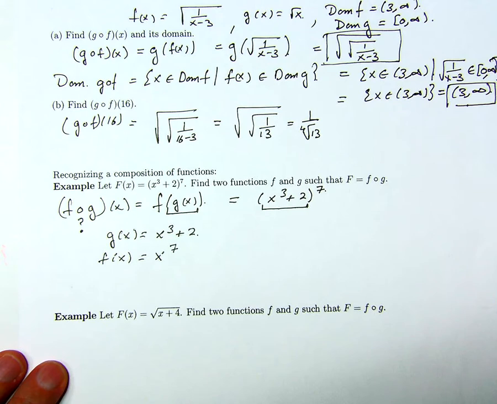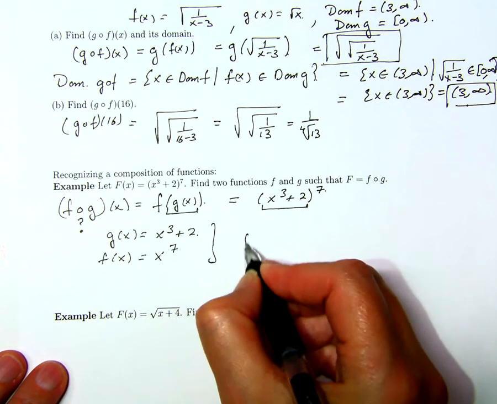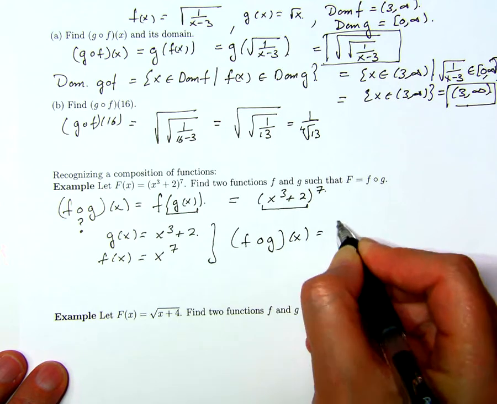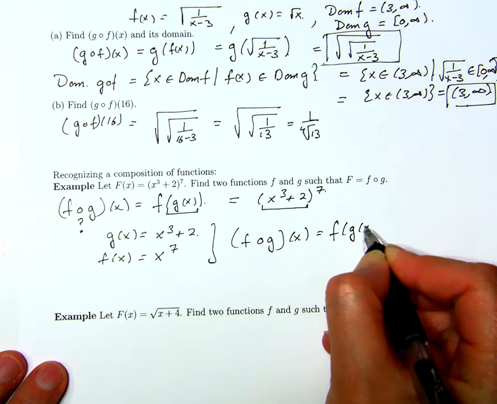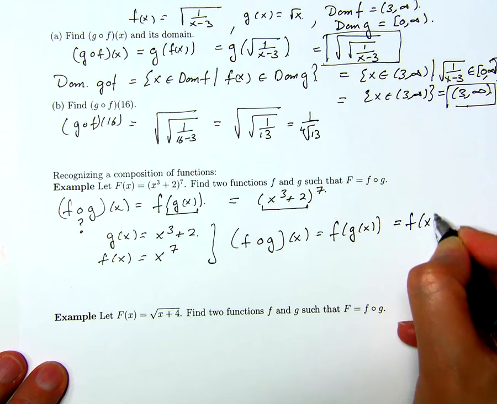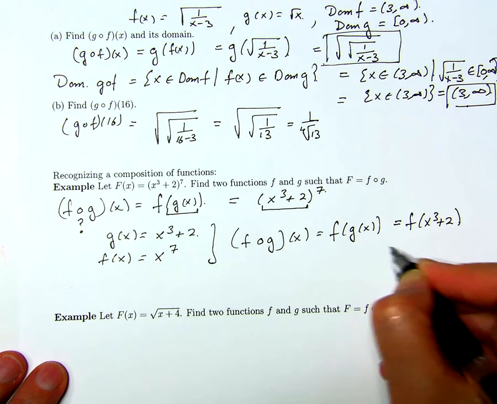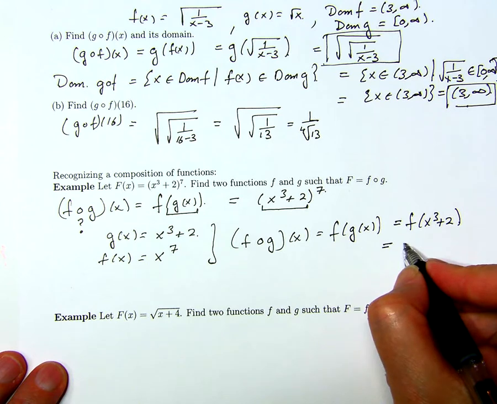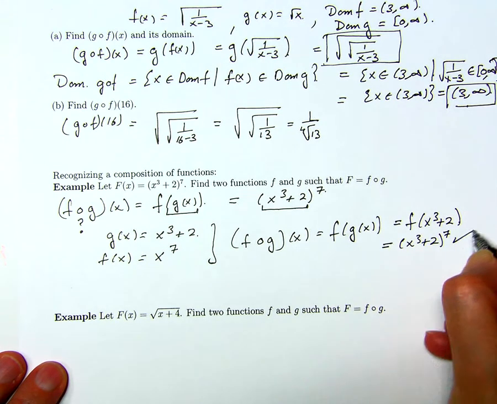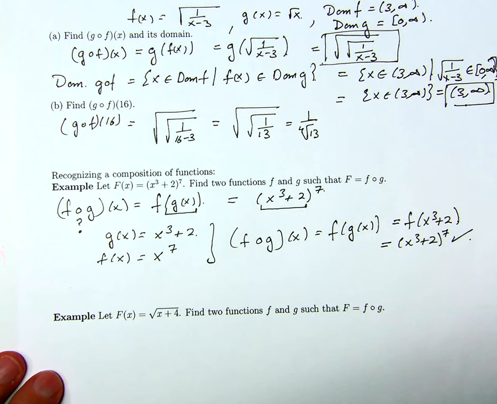What happens when I calculate f after g of x, and I'll check, that should be f applied to g of x, that should be f of x cubed plus 2, and that's equal to x cubed plus 2 to the 7. So bingo, that is indeed the answer.